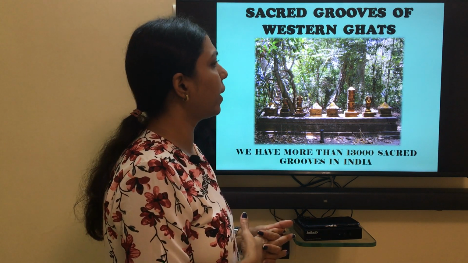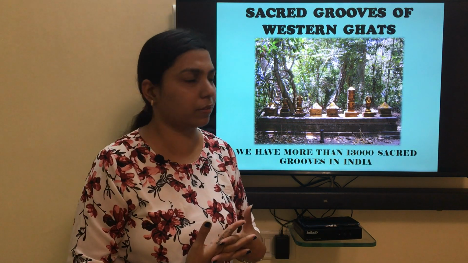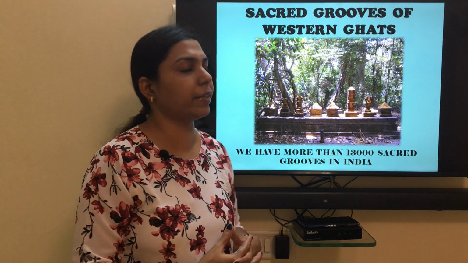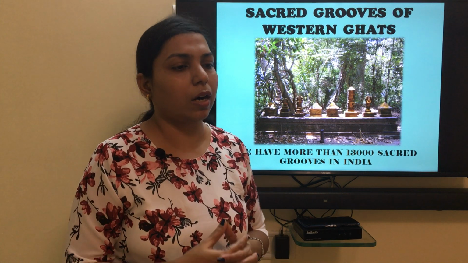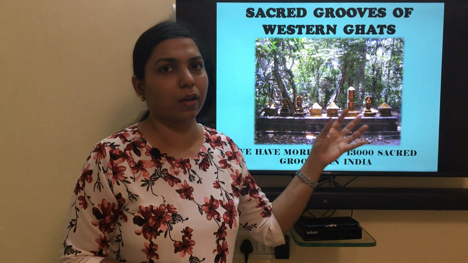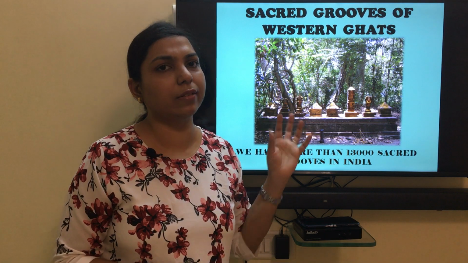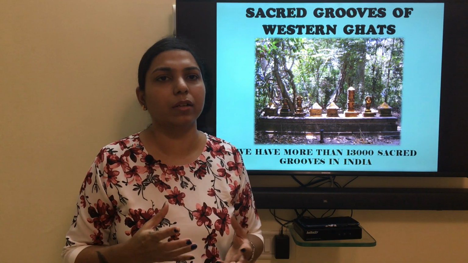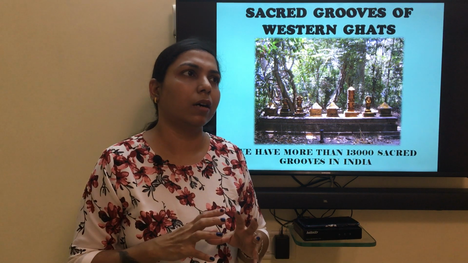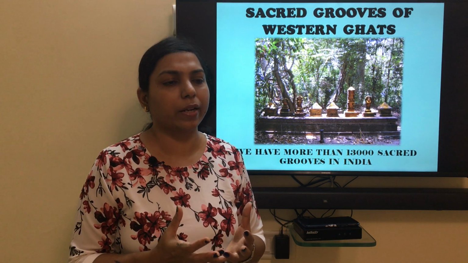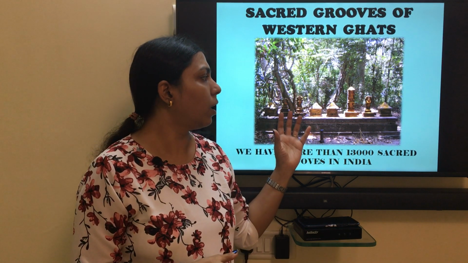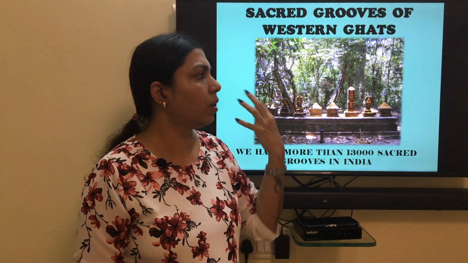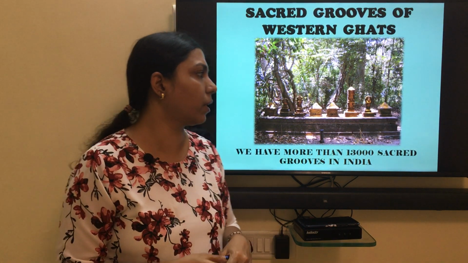Next we move on to the sacred groves of the Western Ghats. We have more than 13,000 sacred groves in India. Now what is the meaning of sacred groves? Sacred groves are forests that have been specifically saved and conserved because of certain traditional, mythological things associated with that particular forest.